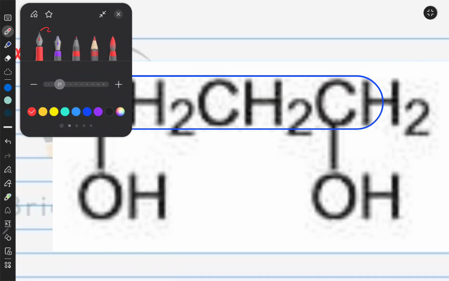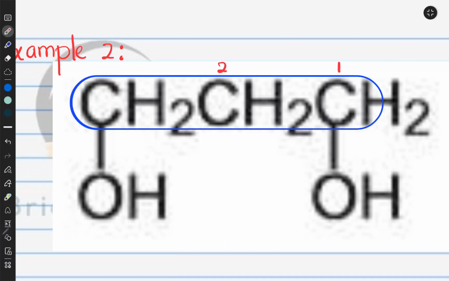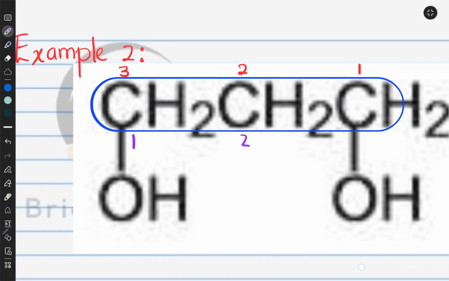If we number from right to left, we will have 1, 2, 3, right? The first hydroxyl group is on the first carbon atom, and the last one is on the last carbon atom. Now, what happens if I number from left to right? I'll have 1, 2, and then 3. The first substituent is on carbon atom number 1, and the last one is still on carbon atom number 3.